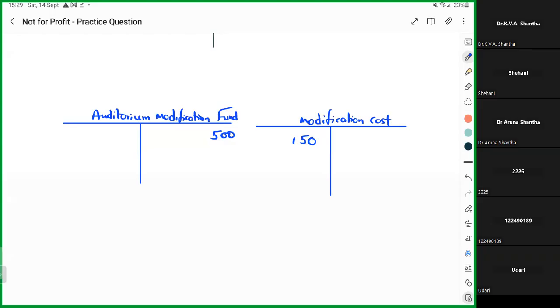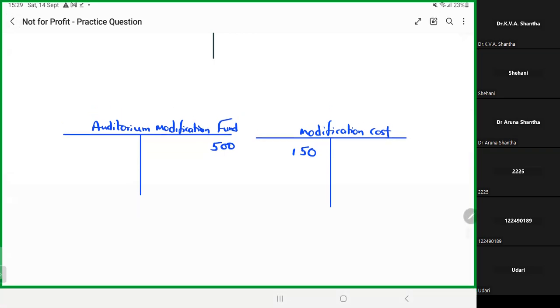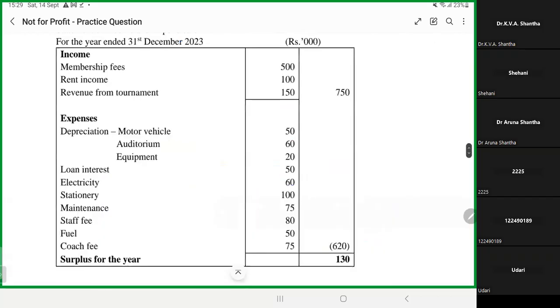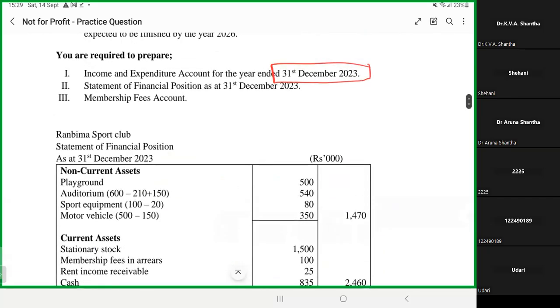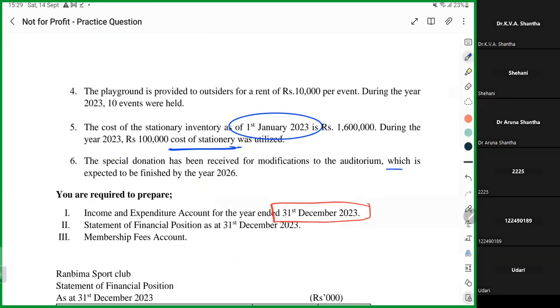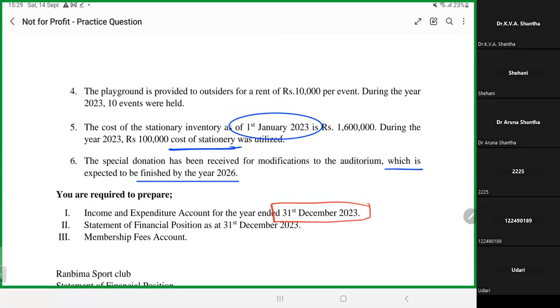Now still modification is in progress. You have not completed the modification. You see the question? The modification is expected to be finished by 2026. So during the year, you have spent 150 to do the modification, but still that is in progress, right?